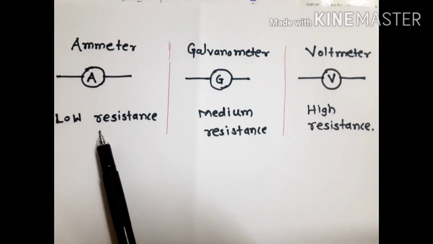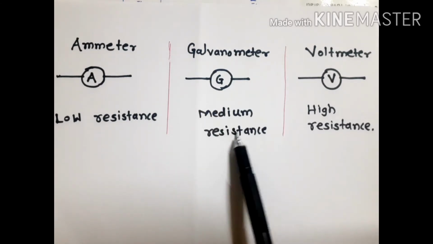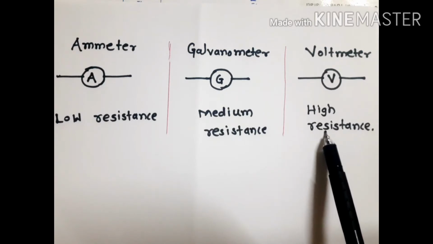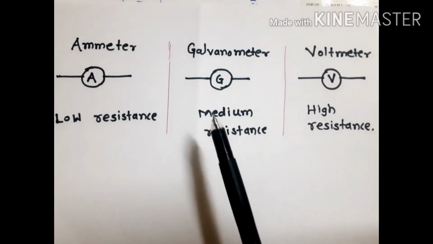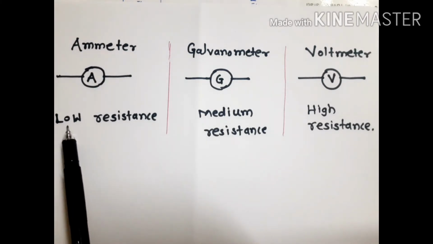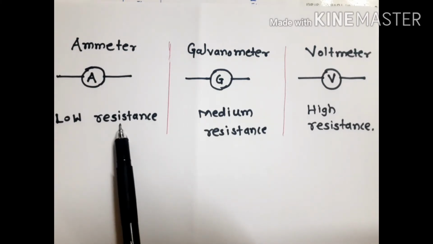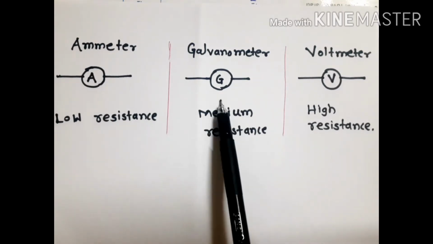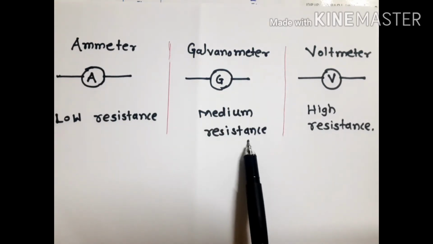An ammeter has very low resistance, a galvanometer has medium resistance, and a voltmeter has very high resistance. If our aim is to convert a galvanometer into an ammeter, then we must decrease the resistance of the galvanometer, because an ammeter has low resistance while a galvanometer has medium resistance.